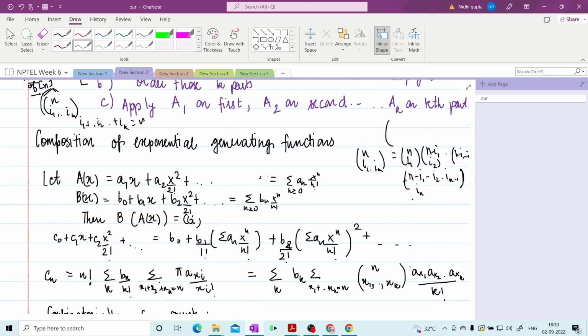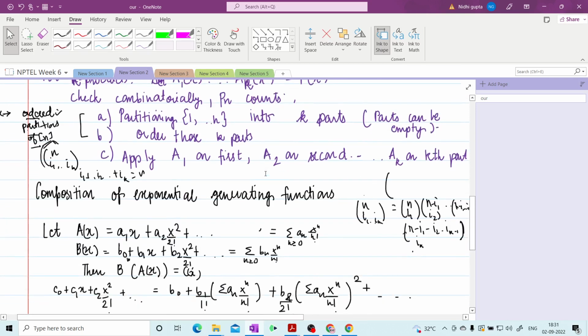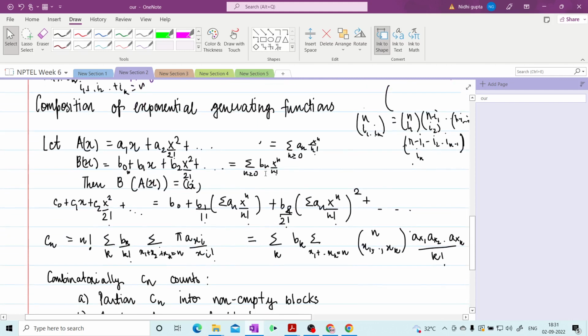So we saw what we mean by the product of exponential generating functions combinatorially. Now the next thing is we want to see what we mean by composition of exponential generating functions combinatorially.